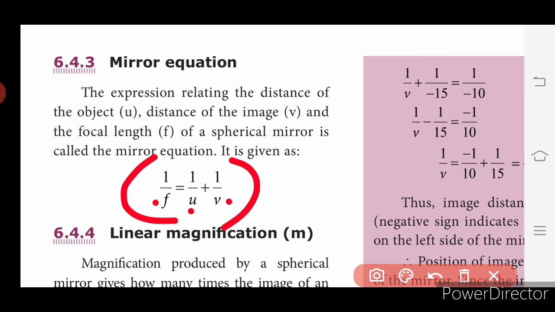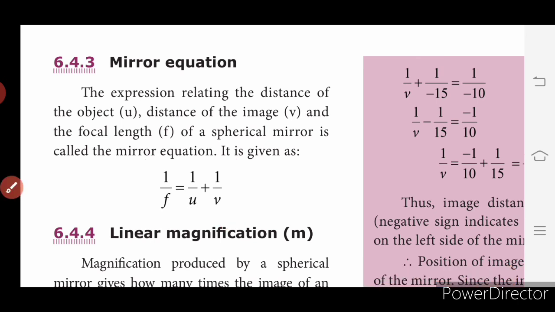Okay, so up to this, the session ends now. I want you all to revise the mirror equation, sign convention, rules for the construction of images, image formation, as well as laws of reflection. Is that clear? When you are thorough with these 5 topics, we can easily pass on to the next session. If you are not thorough with these topics, you cannot understand the further topics.